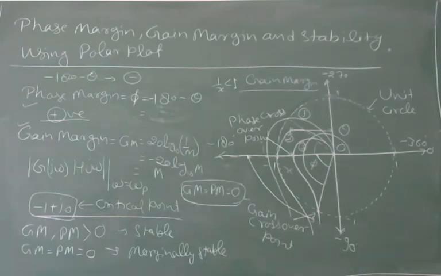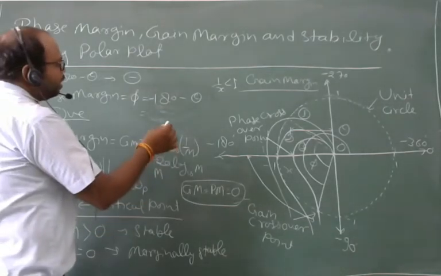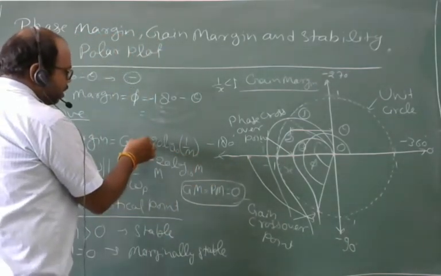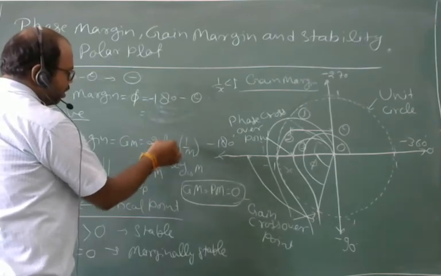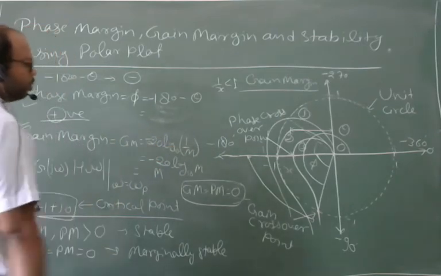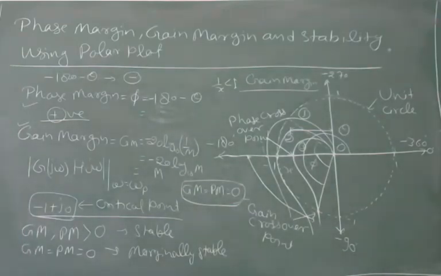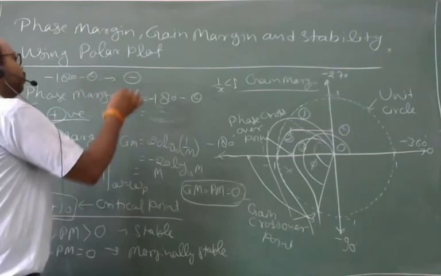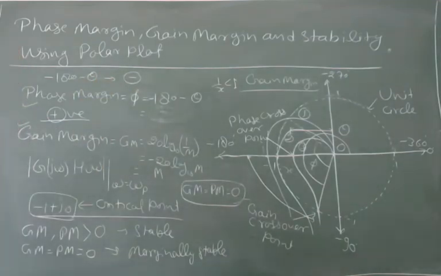In that case, what will be the gain margin? Gain margin will be negative. So, gain margin is negative, phase margin is negative, system is unstable.